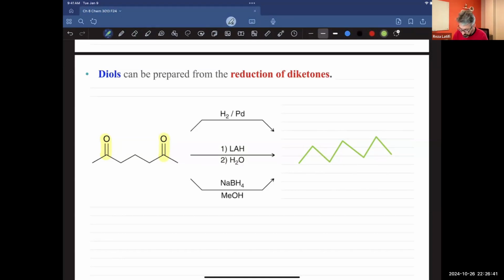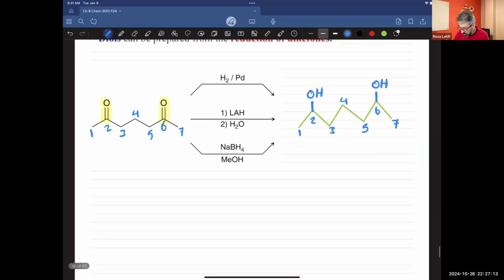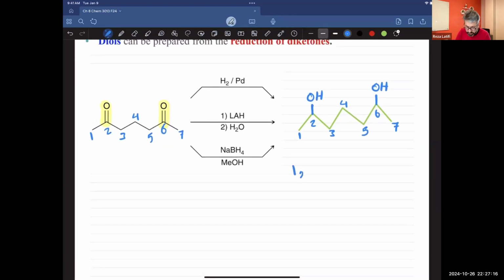Those two carbonyl groups are sitting on number 2 and number 6, with 3, 4, 5 in between. On the second carbon, we're going to get an OH, and on number 6, we will get another OH.